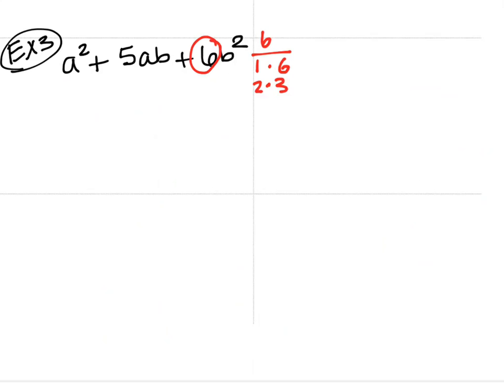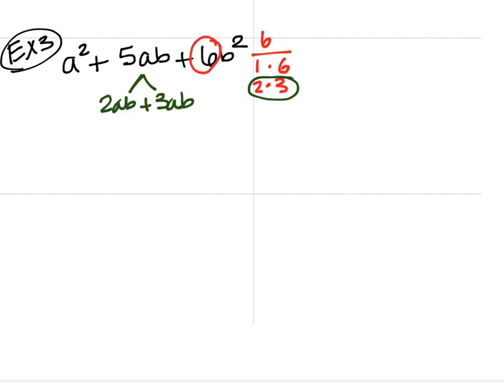Alright, so if I have 1 times 6 and 2 times 3, I'm looking to find the one that adds to a positive 5. And in fact, 2 and positive 3 are going to add to that 5. So this is going to then be 2ab plus 3ab.